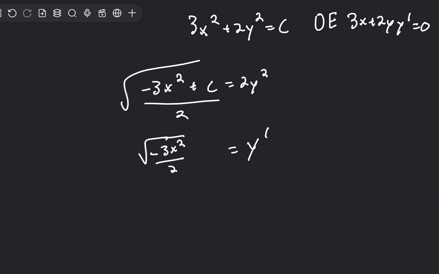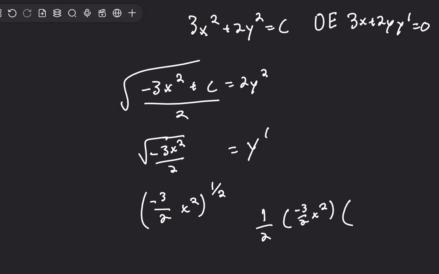So the derivative of y is going to be, so this is 1/2 times that. We're going to need to chain rule this. So you have negative 3 over 2 times x squared all to the power of 1/2. So you're going to put it in front, 1/2 times negative 3 over 2x squared times, put it forward, negative 3x.